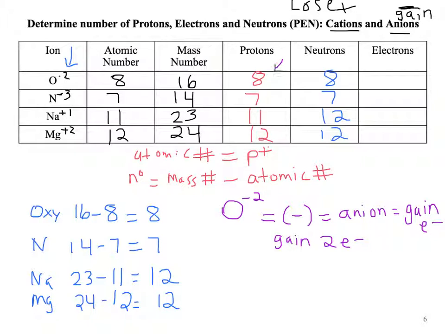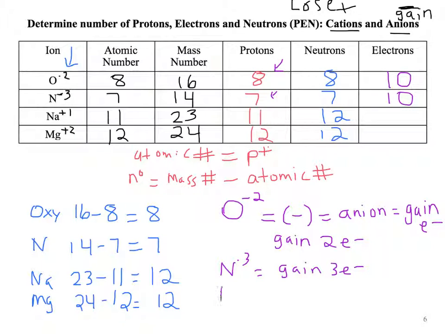Okay, so we're basically going to say we're going to gain 2 electrons, so it's going to be gaining from this number. So 8 plus 2 is 10, right? Now if we look at nitrogen with a -3, that means it's going to gain 3 electrons. So if you gain 3 electrons, 7 plus 3 is 10.